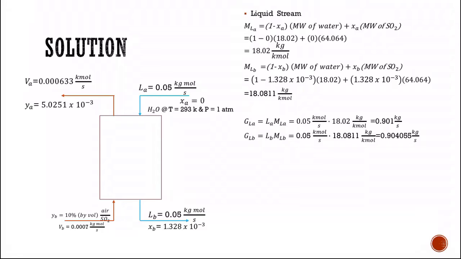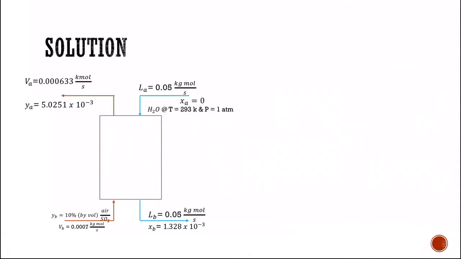Finding the mass velocity, we get 0.901 kg per second and 0.904055 kg per second for the liquid feed and liquid product respectively. Getting its average, we get 0.9025 kg per second.